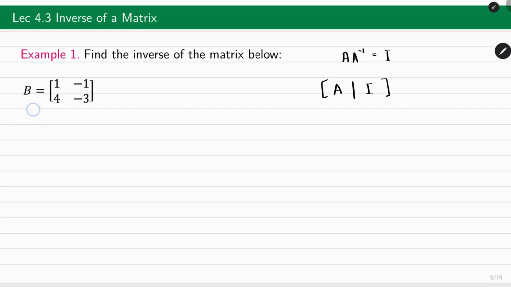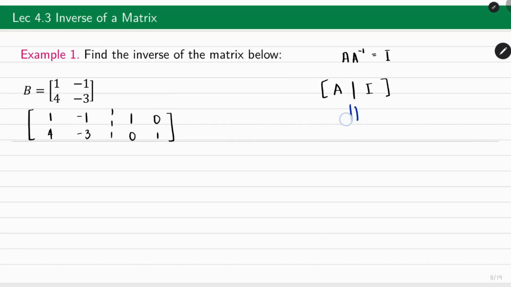Okay, let's have the solution. Okay, this is the given. And then we will have the identity matrix here on the other side. Our goal here is to transform the left side.